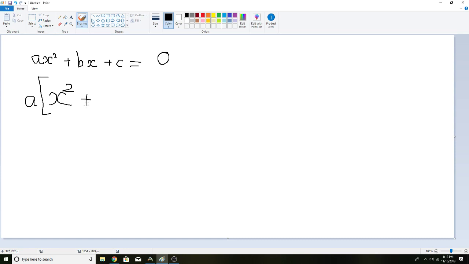So add b over a x plus c over a, and that equals 0. As always, you haven't done anything yet with it, so you can keep 0 the same.